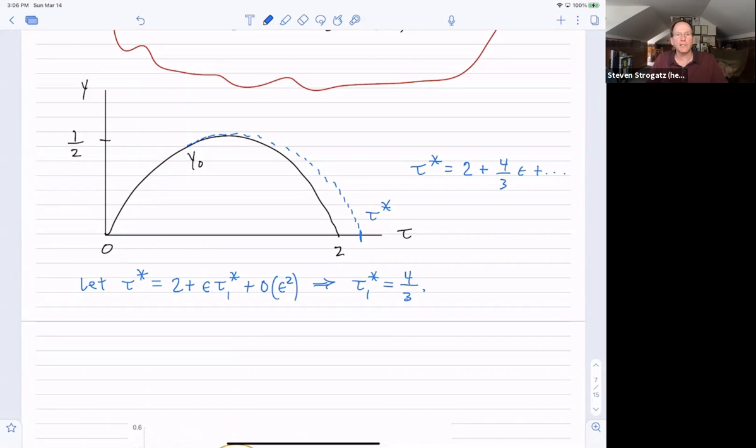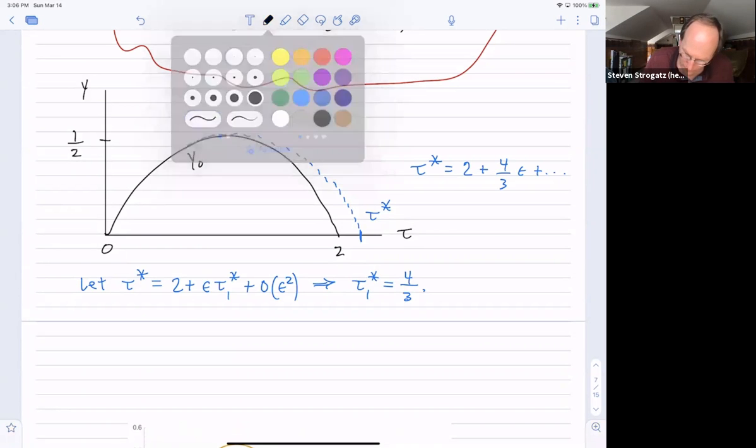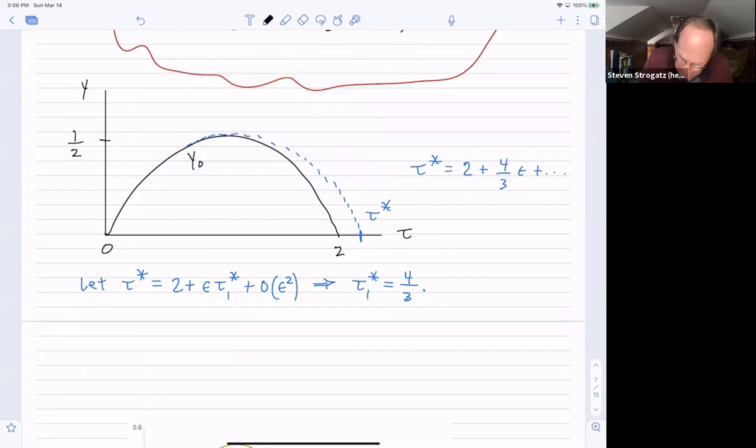Or if you want to see it in the original dimensional form, it would come out like this. You would get T star is the classical result, 2v0 over g. But then there would be a correction term, which is going to come out to be 4/3 v0 squared over g squared r.